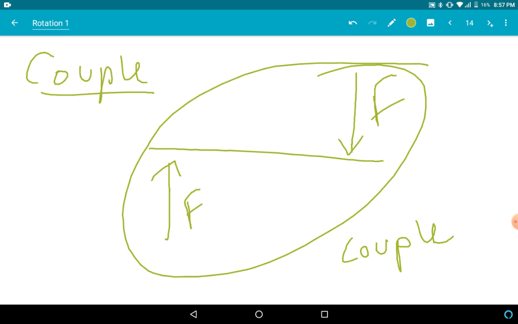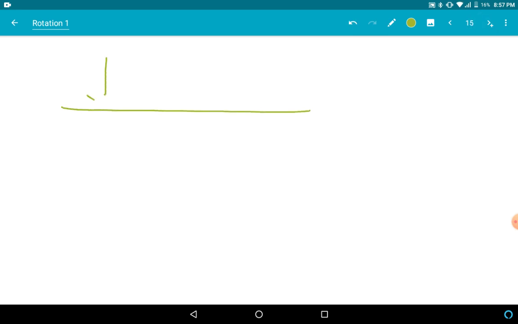Anywhere, here and here, or even here, it has to be equal. All should be F, and exactly opposite in direction. Now couple is very useful in daily life.